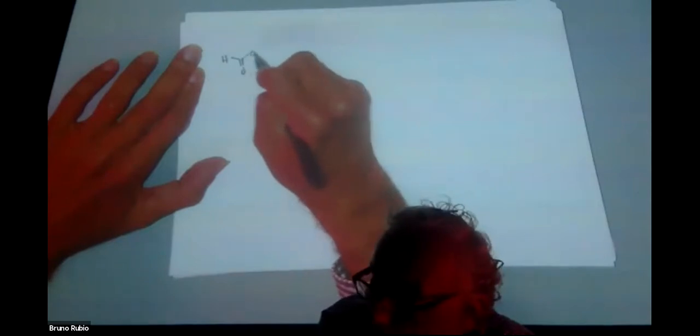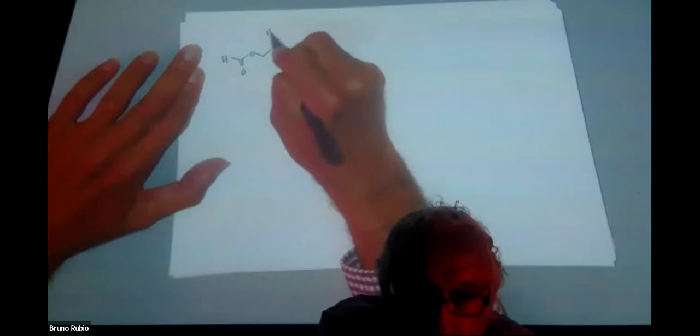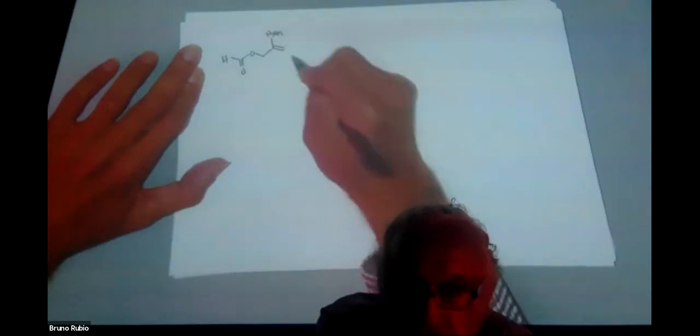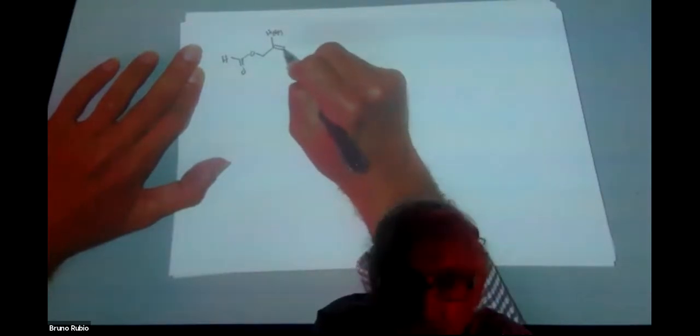Okay. So how about let's practice drawing some splitting trees, shall we? This is the observed proton.